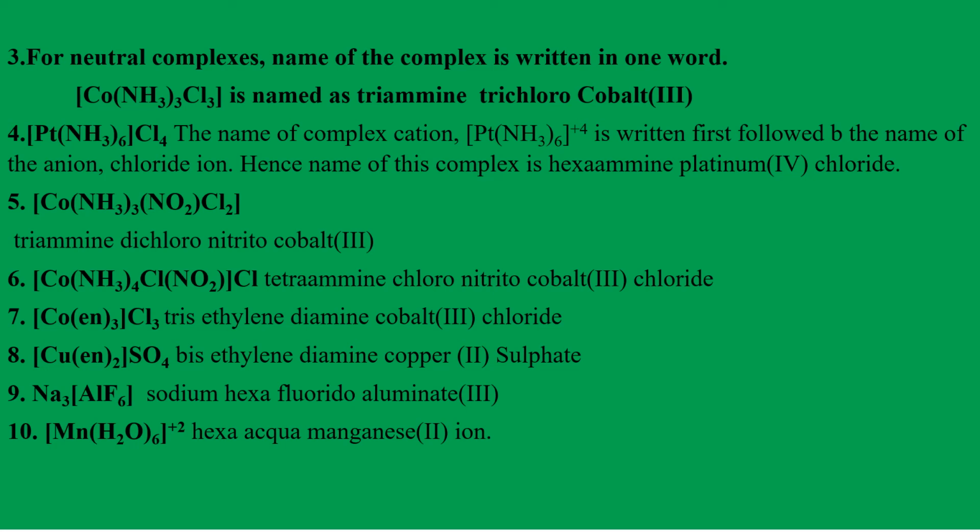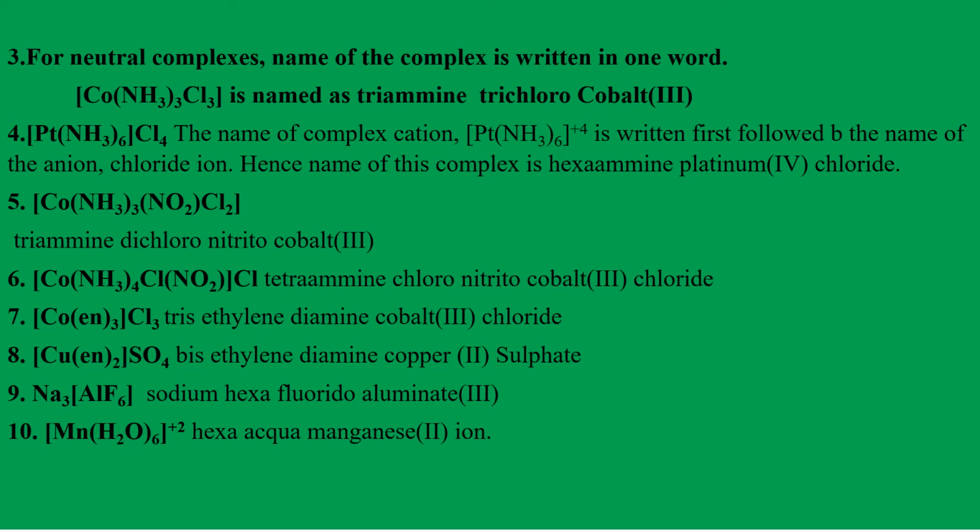Fluorido. So it is named as sodium hexafluorido aluminate. We should not call it aluminium, we should call it aluminate. Why? Because it is a negative complex ion, we should add ATE at the end of its name. And 3 is the oxidation state of aluminium.